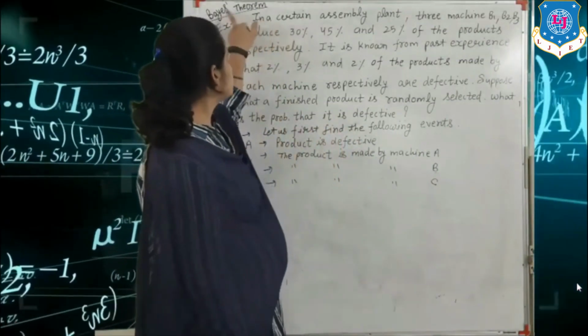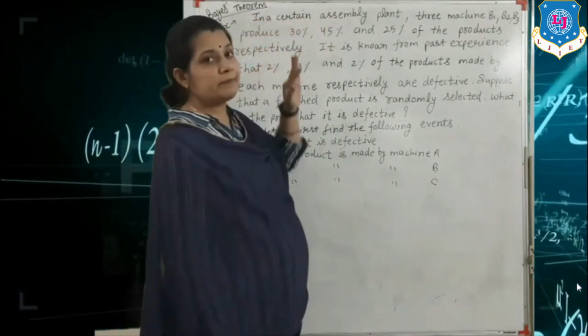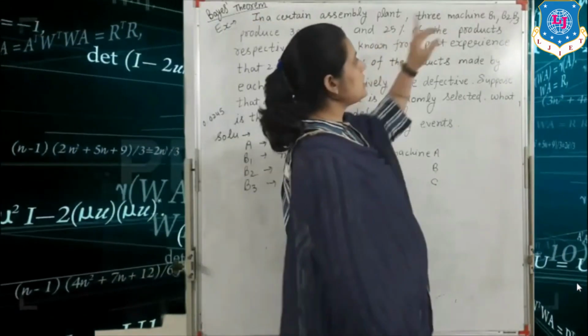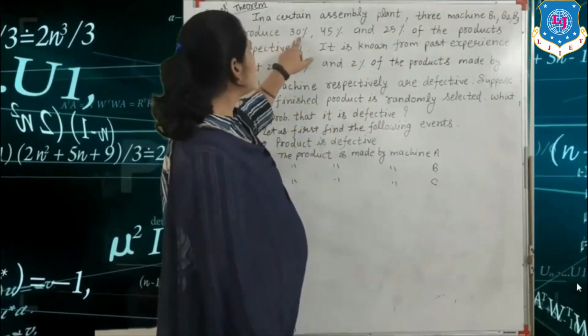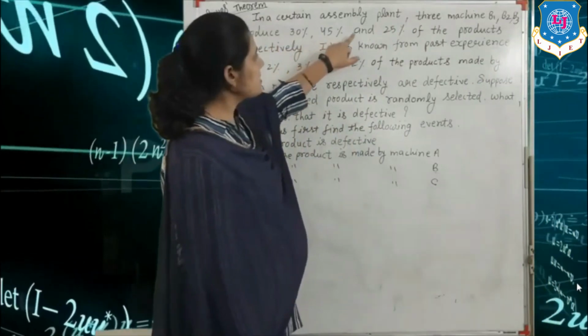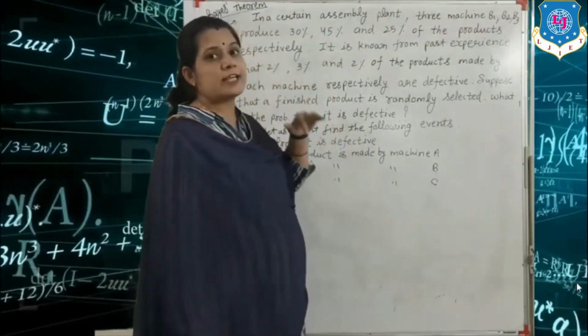This is based on the Bayes theorem. In a certain assembly plant, three machines B1, B2, B3 produce 30%, 45% and 25% of the product respectively.